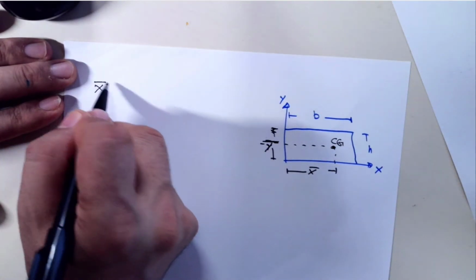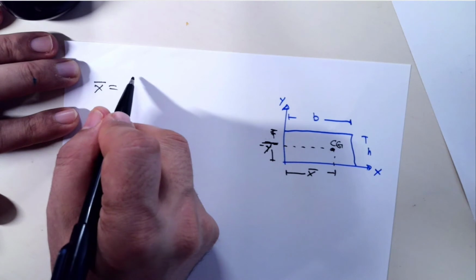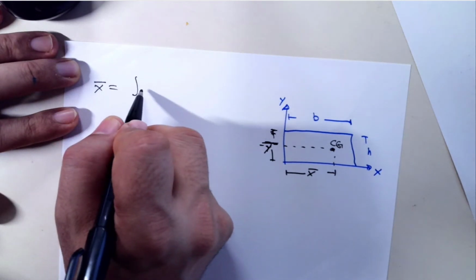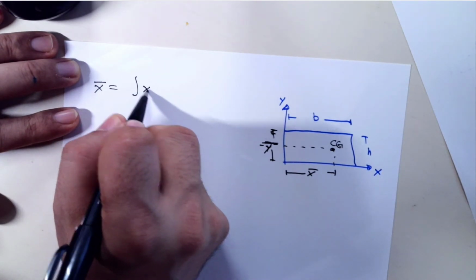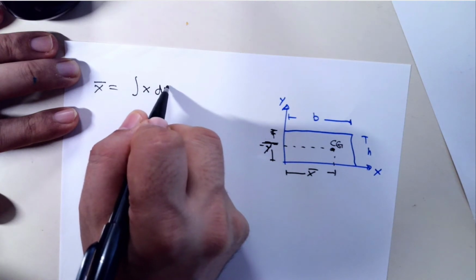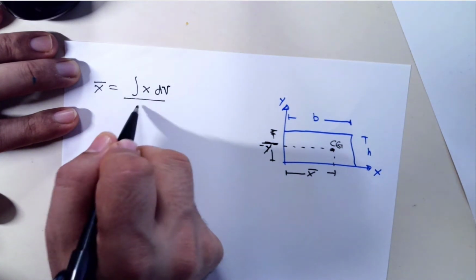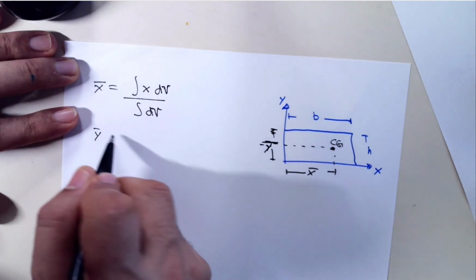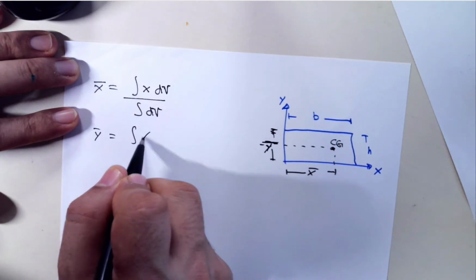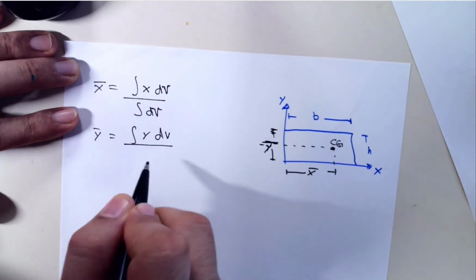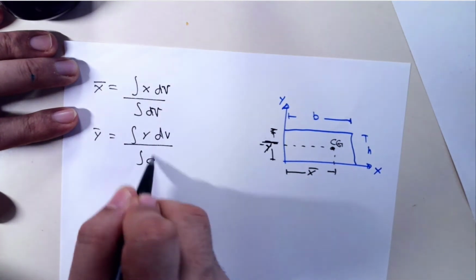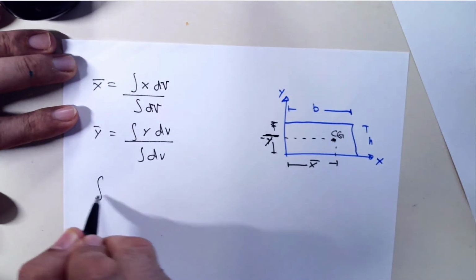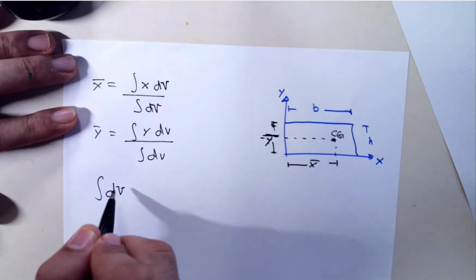So X bar is equal to the integration of X dV over dV, and Y bar equals the integration of Y dV over dV, where dV means the volume, right?